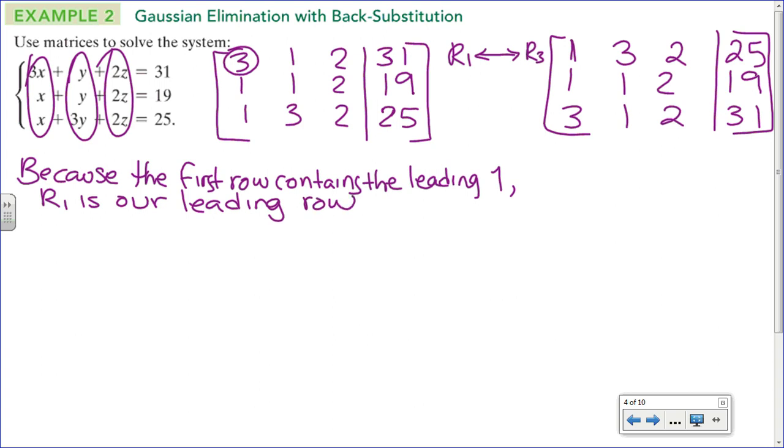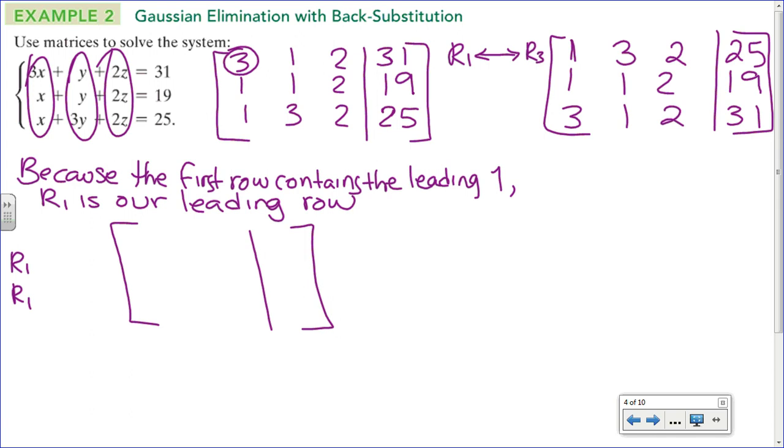So we're going to use R1 to, what is our next step? Once we have the 1 on the first column, what do we need to get below the 1? Zeros. So we're going to use R1 to make those zeros happen.